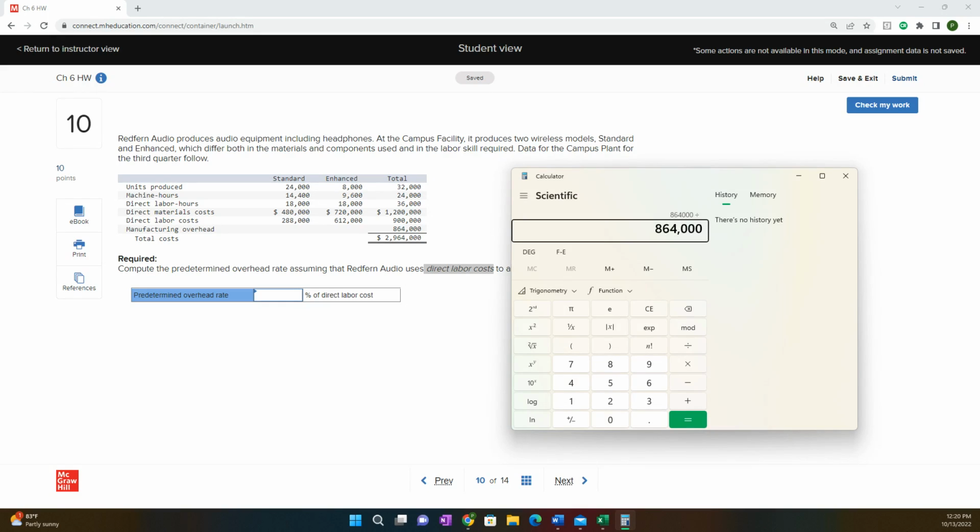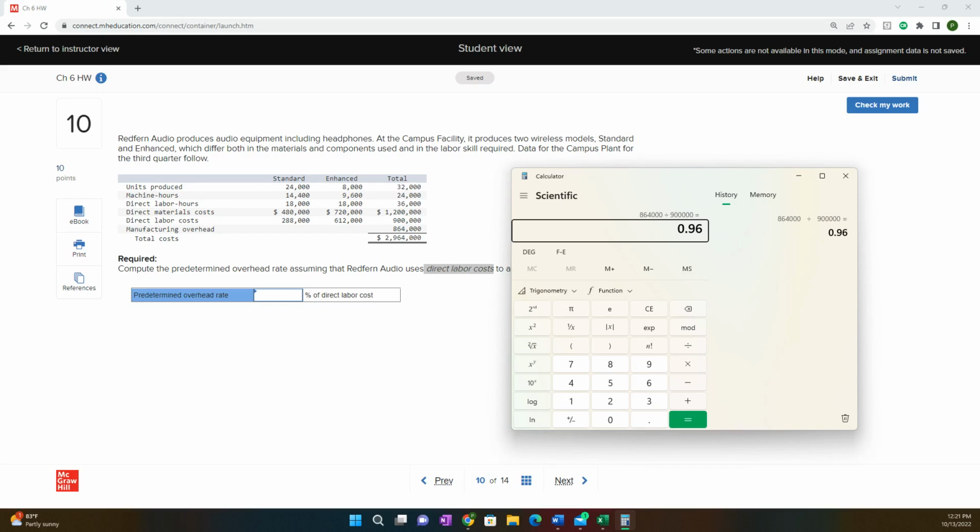So what that means is whatever direct labor costs are allocated to a certain product, we're also going to add 96%, which represents overhead. So if you're allocating $1 of direct labor cost to a product, then you're also going to allocate 96 cents of overhead to that product as well.